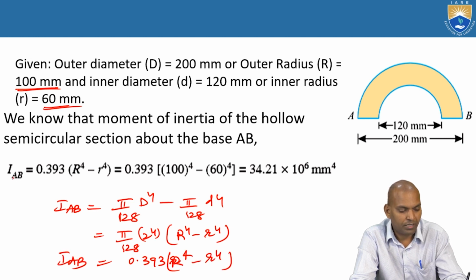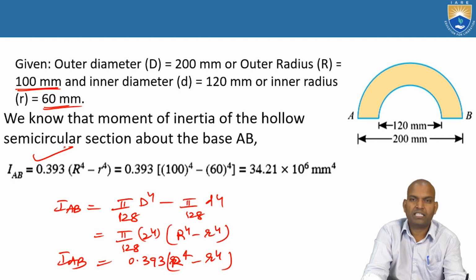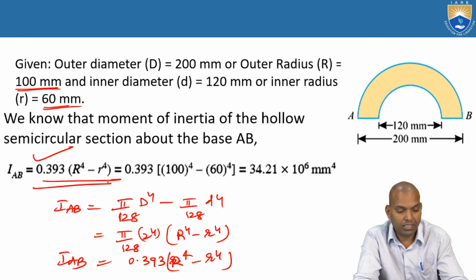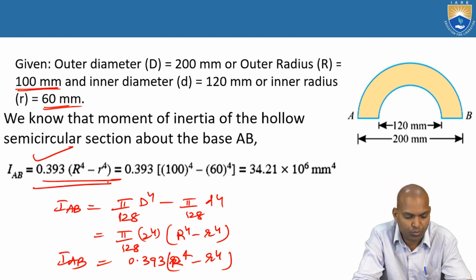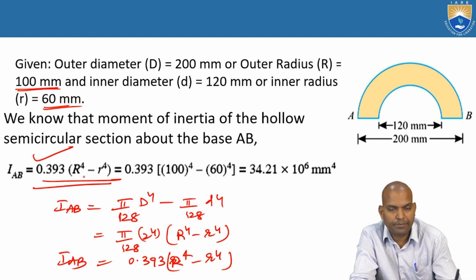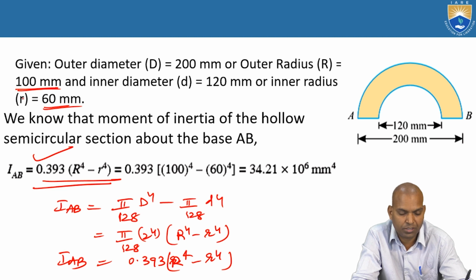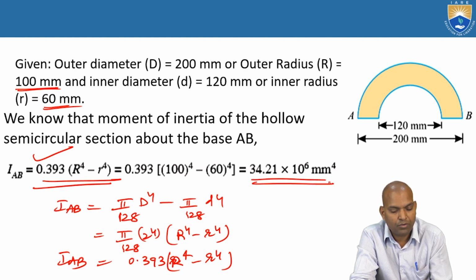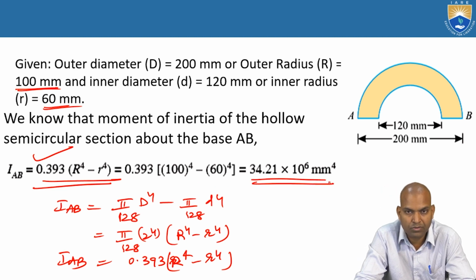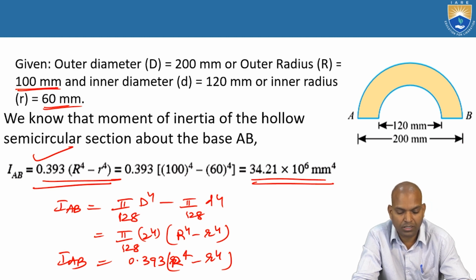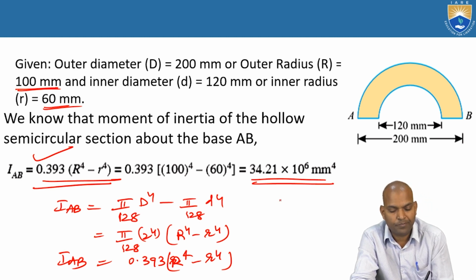Substituting R equal to 100 millimeters and r equal to 60 millimeters, we get 34.21 times 10 power 6 millimeter power 4. This is the answer for this problem.